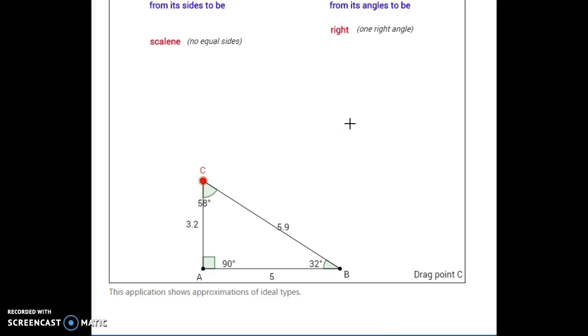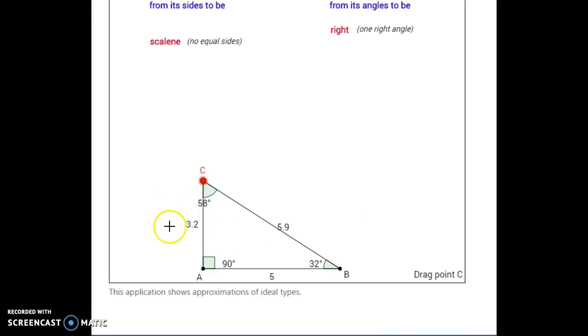Alright, now we have a right scalene triangle. You'll notice that it contains a right angle. This right angle is noted with a square angle box. Anytime you see this square box, you'll know that a triangle has a 90-degree angle in it.